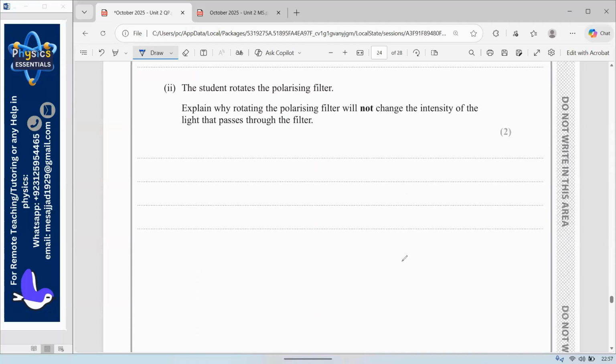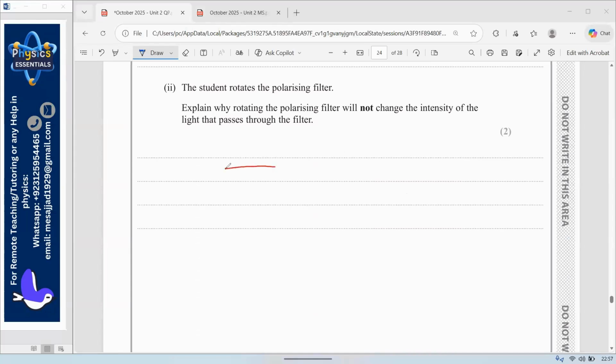Question number 2. The student rotates the polarizing filter. Explain why rotating the polarizing filter will not change the intensity of the light that passes through the filter. Before writing the answer, let me explain first.